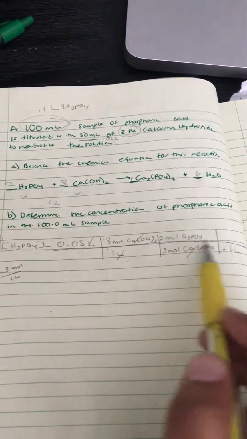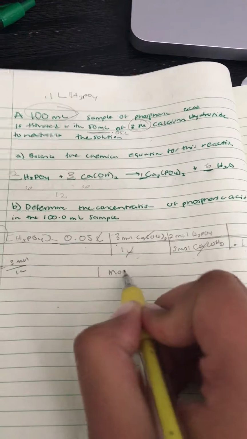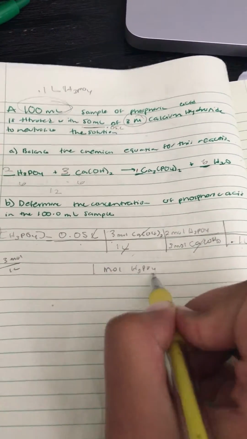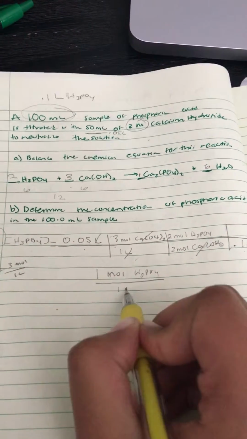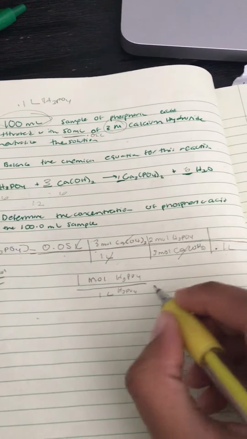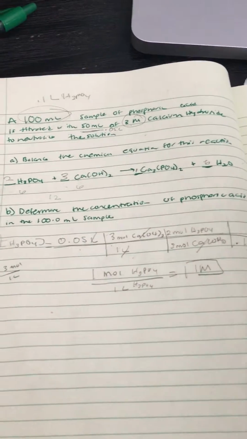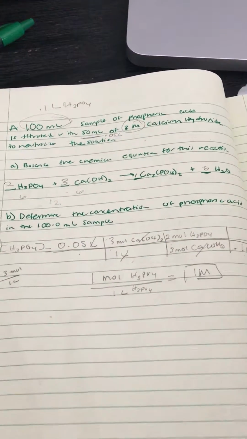So if you multiply all the top numbers by all the bottom numbers, you're going to get 1 mole of H3PO4 for 1 liter of H3PO4, which is going to be equal to 1 molar. So now you know that the concentration of phosphoric acid is a 1 molar solution.